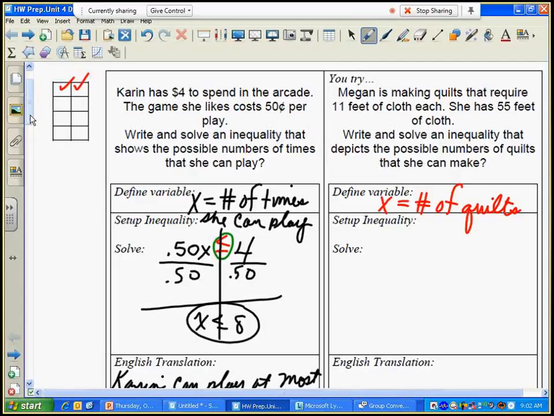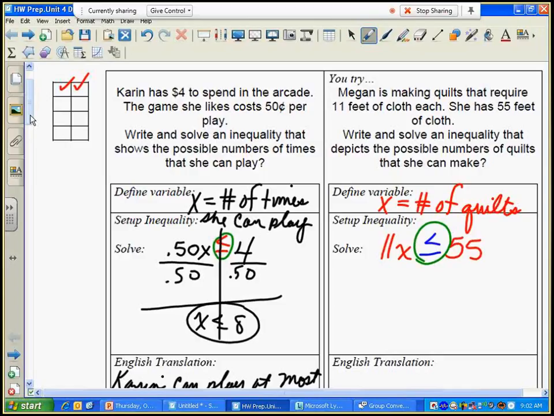Okay. Each one of those quilts, the X, requires 11 feet of cloth. So that's 11 times the number of quilts. She only has 55 feet of cloth. So we have to decide what's the inequality that's going to go in there. Well, it can be equal to 55. It can be less than 55, but it can't be greater than. So here we have the same inequality we have on the left.